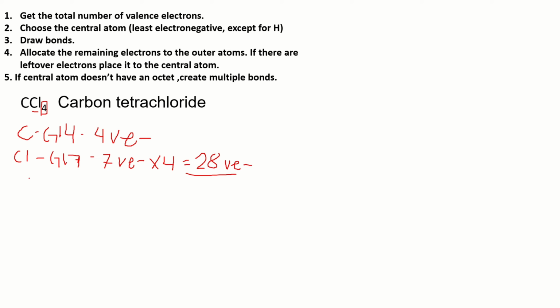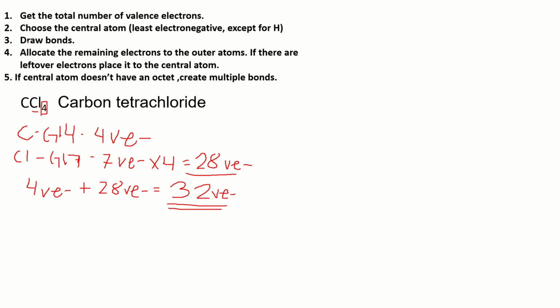Then let's add 4 valence electrons plus 28 valence electrons of chlorine. We have the total of 32 valence electrons. So this is our total number of valence electrons.